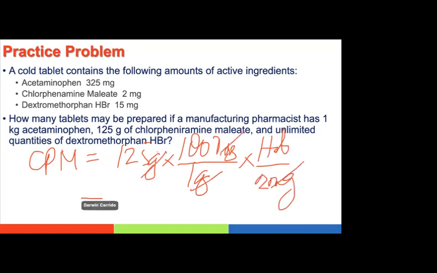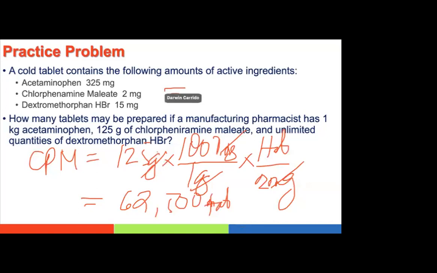So you cancel the same unit, 62,000, how many? 500 tablets. That means, based on the dose and the amount of chlorphenamine, it can produce 62,500 tablets.